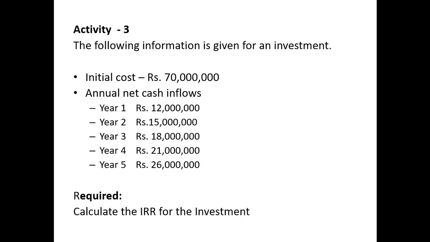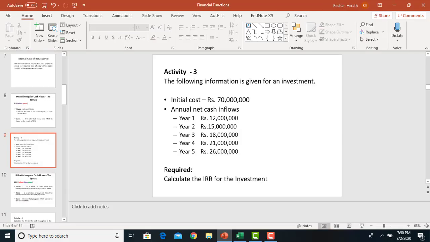We may work this out using a question. Here you are given the information of a particular investment. The initial cost is given, the annual net cash flows are given, and you've been asked to calculate the IRR for the investment. Okay, we may try this out. As usual, I would copy this information.